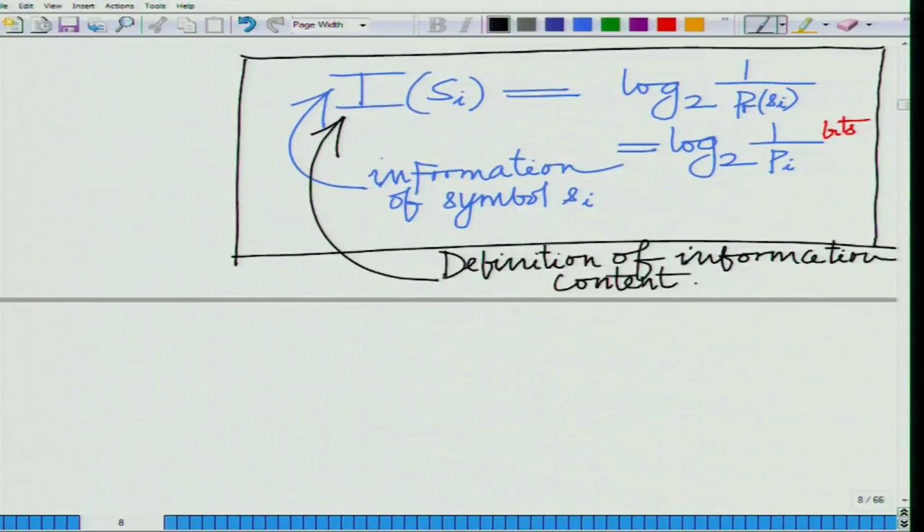Now, observe something very interesting. I will talk a lot more about this definition as we go through the various other aspects. But firstly, the information of the symbol has nothing to do with how the symbol itself is represented, rather it has everything to do with the probability Pi of the occurrence of the symbol.